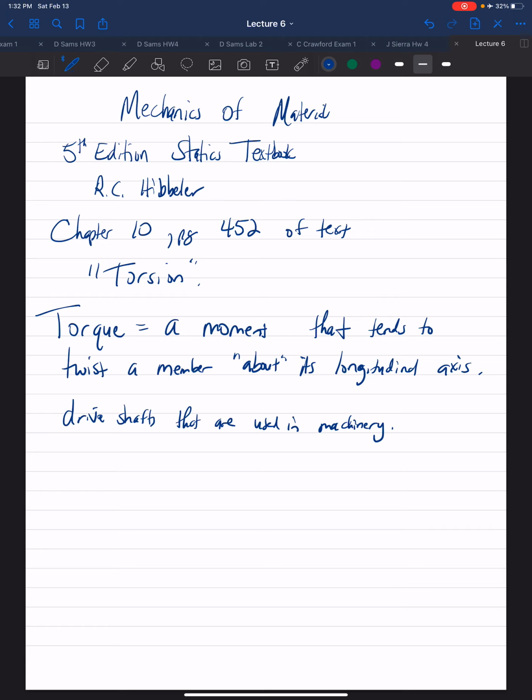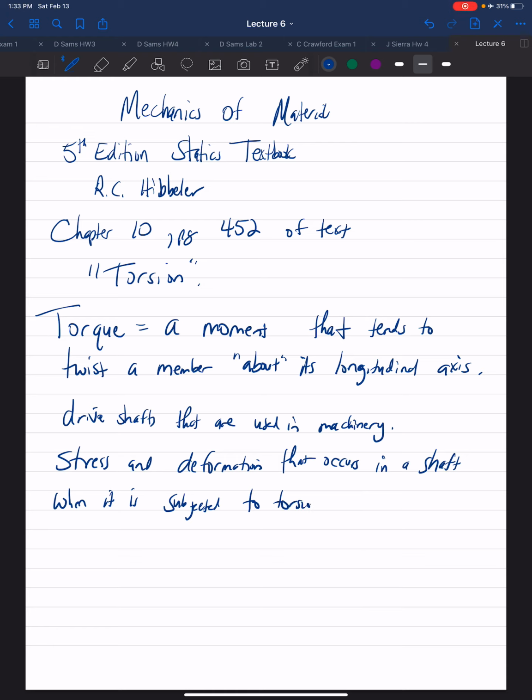So we're concerned with the stress and deformation that occurs in a shaft when it is subjected to torsional loads.